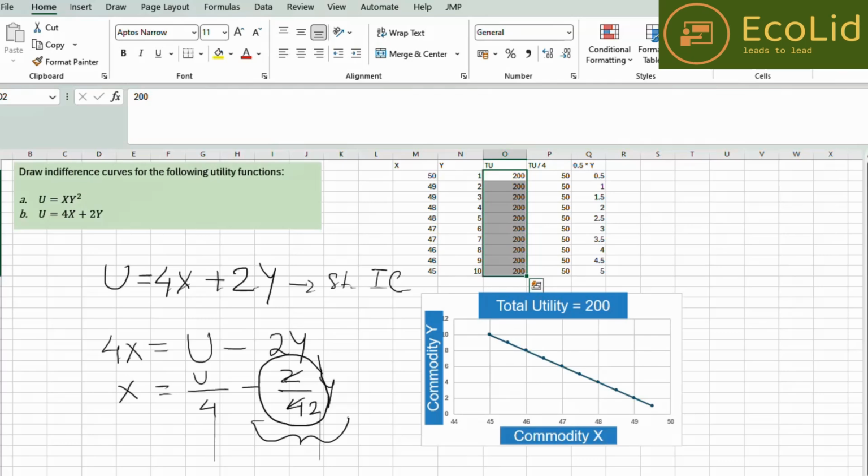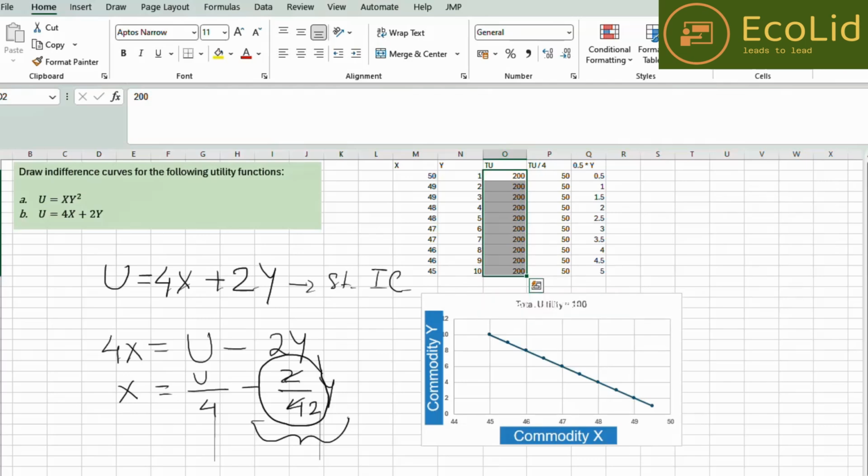The same way you can also draw it by using your calculator. It's not necessary that you always need to use Excel to solve this problem, but you can also draw the indifference curve by calculating with the help of calculators.